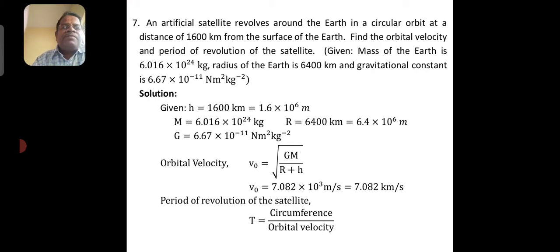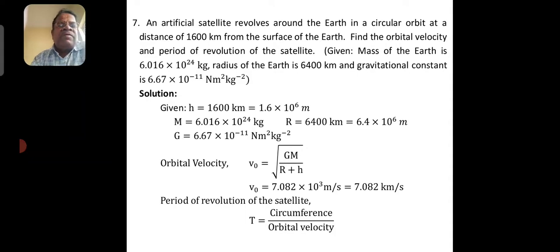Observe here, orbital velocity of the satellite is given by V0 equals root GM by (R plus H). Substitute the values of G, M, R and H. Simplify, we get 7.082 into 10 to the power 3 meter per second, that is 7.082 kilometer per second.